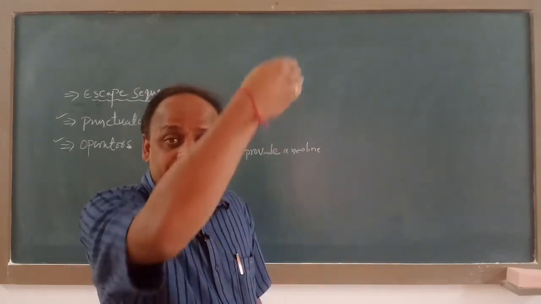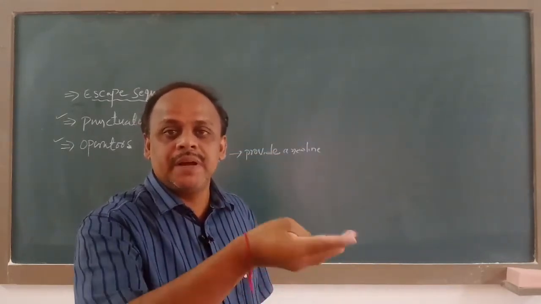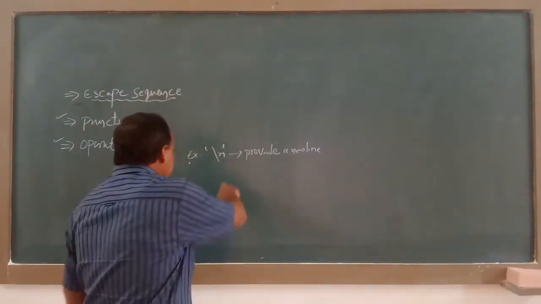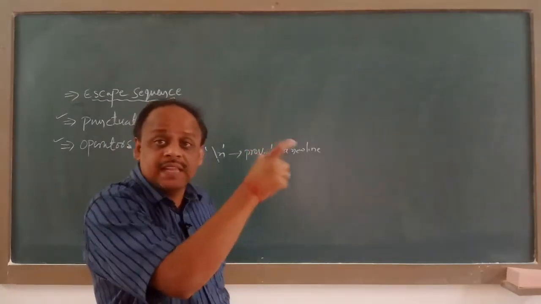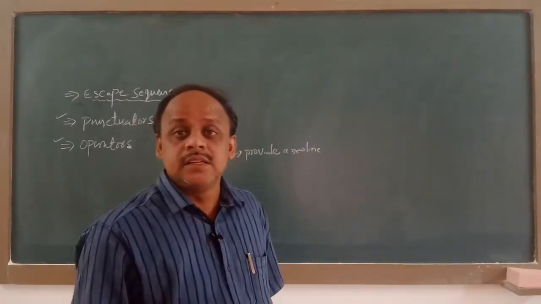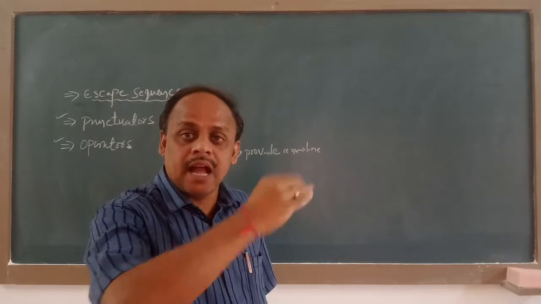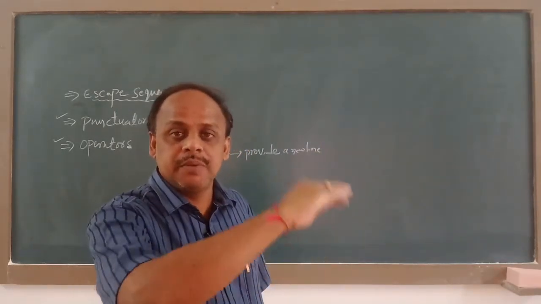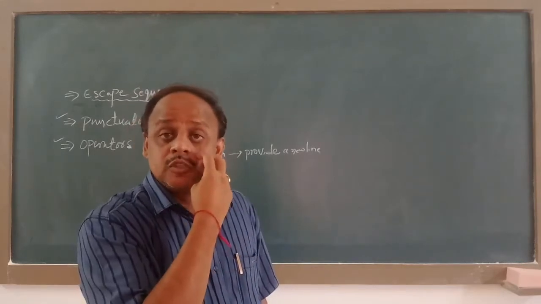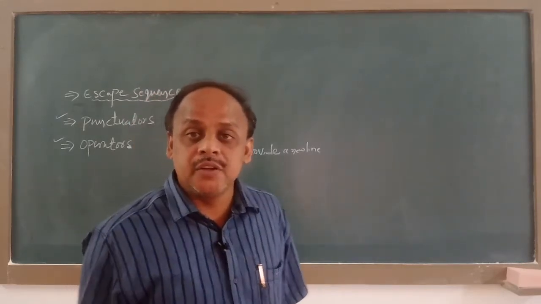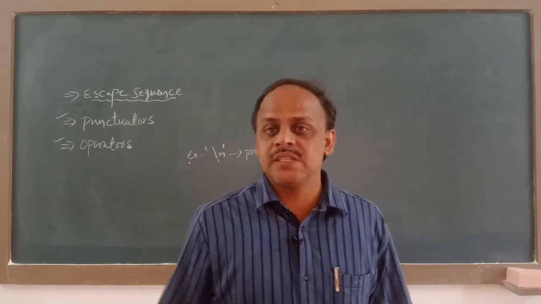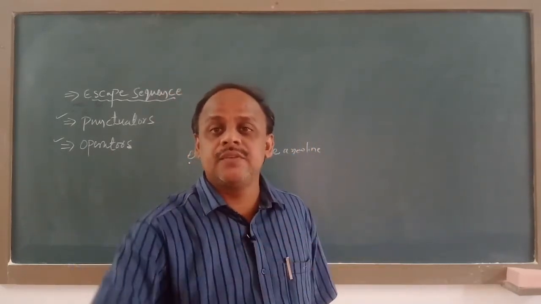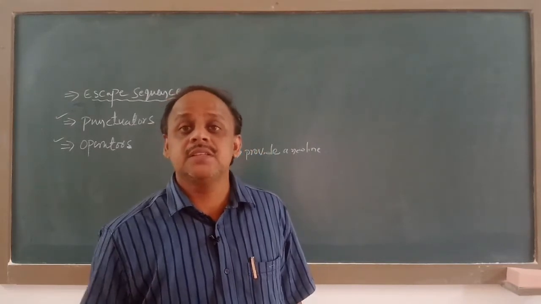Our aim is to print a number of lines one by one. In such situations we have to use this \n. So this \n separates sentences. After this \n, whatever we are going to print will be printed in the new line. Like this we use escape sequences, such special characters, in the design of output statements.